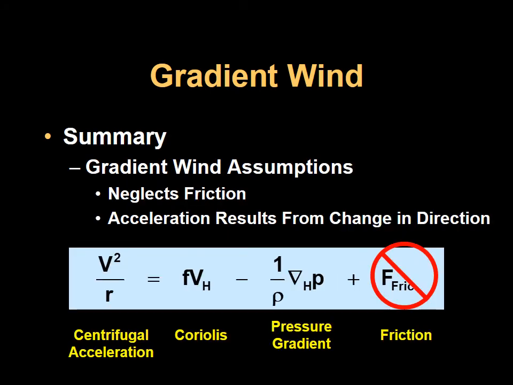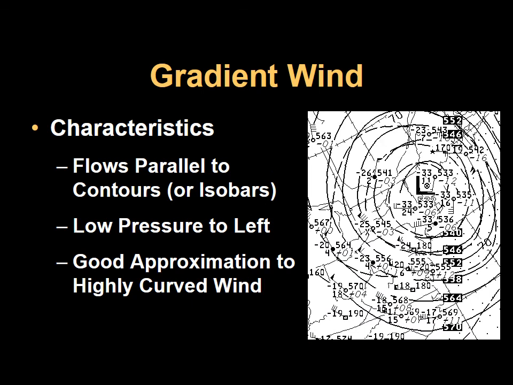So in summary, the gradient wind assumes, of course, that it's frictionless. There is acceleration, and that acceleration is from the change in direction. We call that acceleration centrifugal acceleration. And the gradient wind is really good for estimating the strength of the wind around lows and high pressure systems where there's significant curvature.